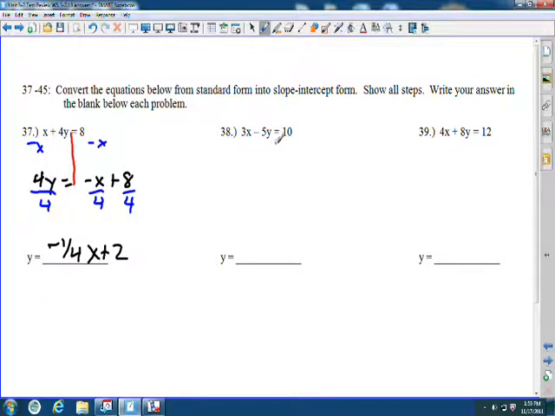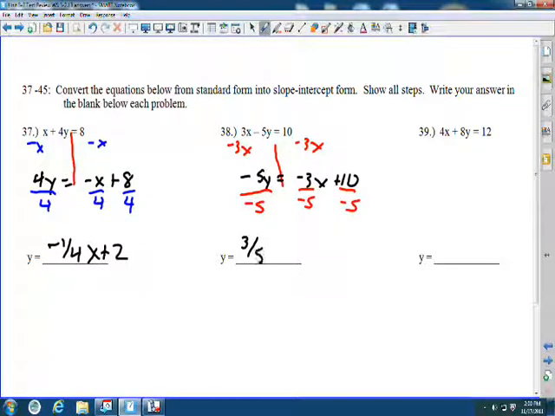Next one, I'm going to subtract 3x from each side. I get negative 5y equals negative 3x plus 10. I'm going to divide by negative 5. I get y equals 3/5 x minus 2.